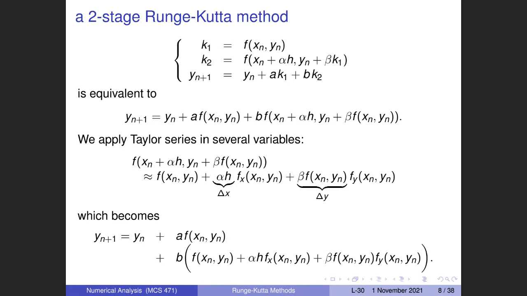So the first point is where we start, and then we have the delta x and the delta y multiplied with the partial derivatives with respect to x and with respect to y. So here you recognize the linearization of the function. With this form now, we have a simplification.